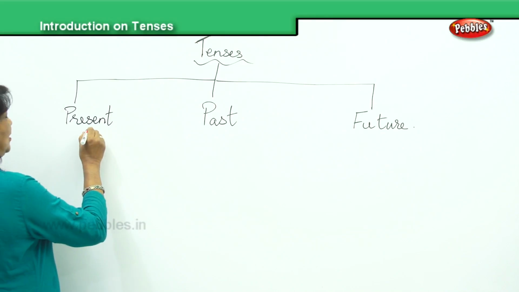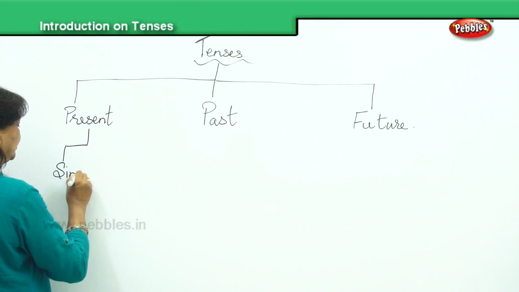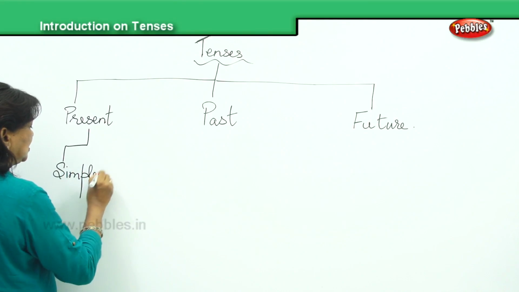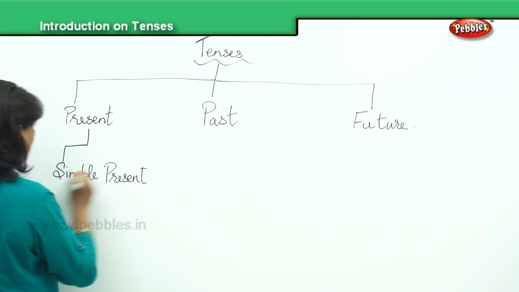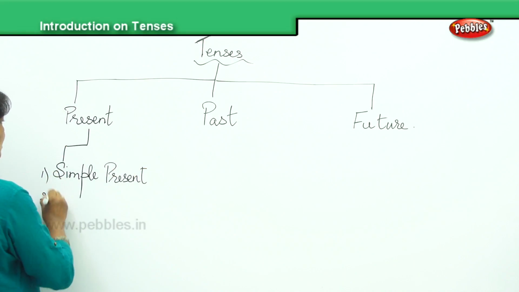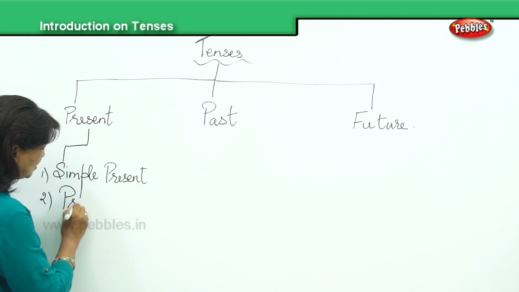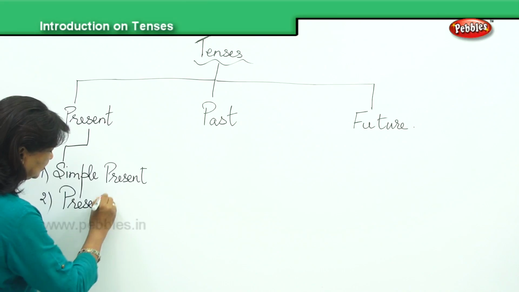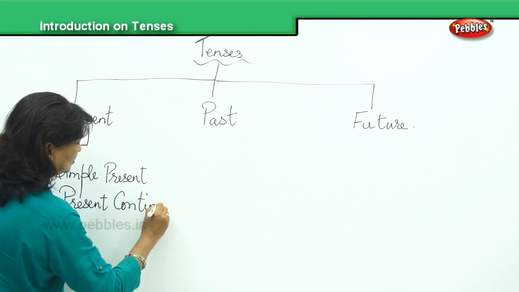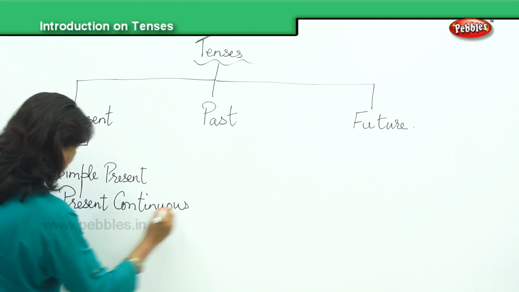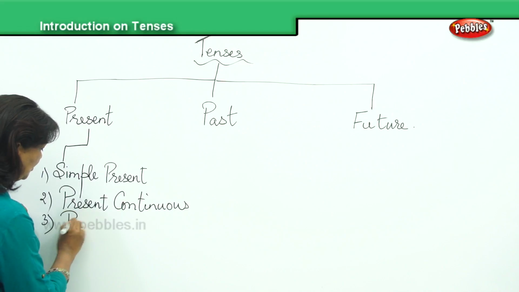The first one is simple present. The second one is present continuous. Third one is present perfect.